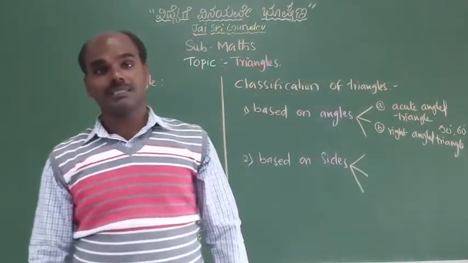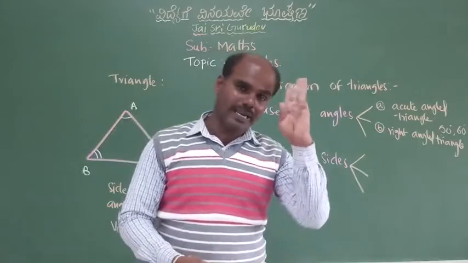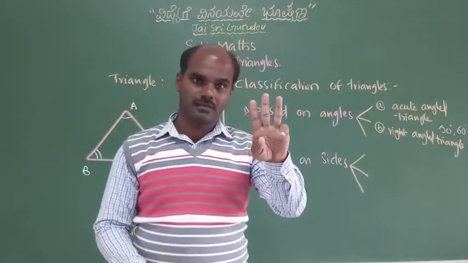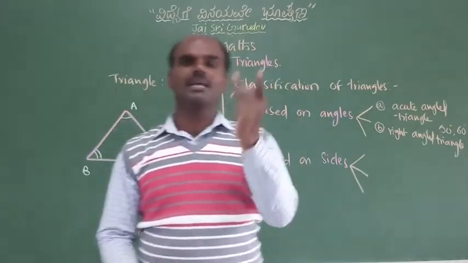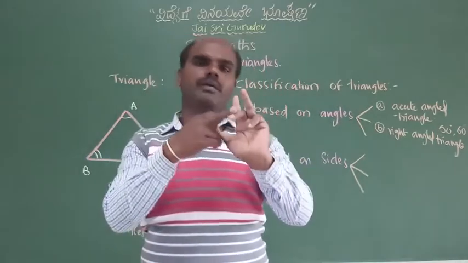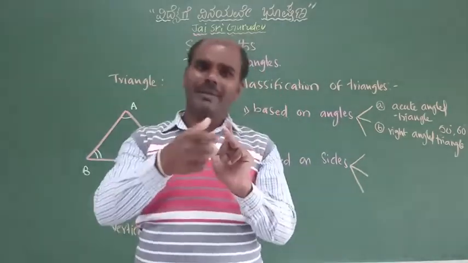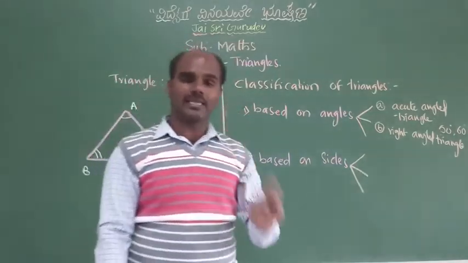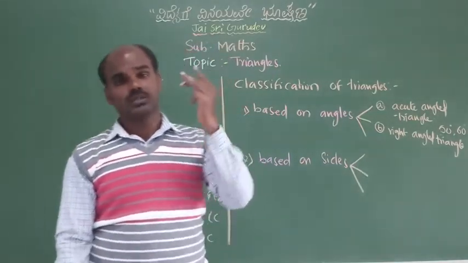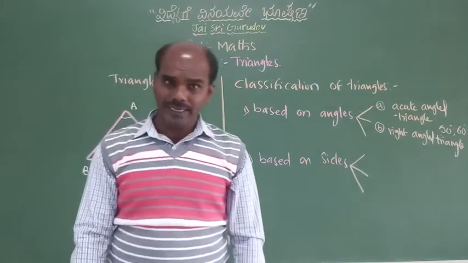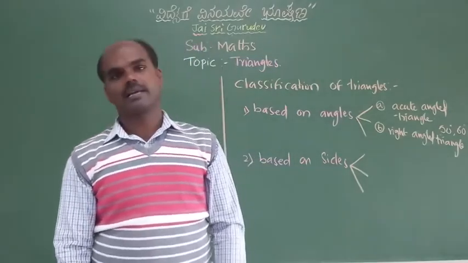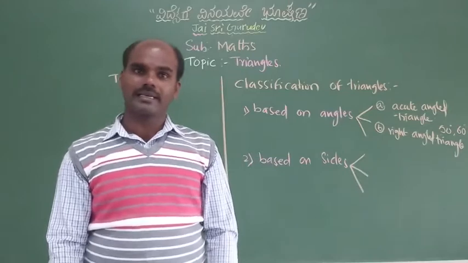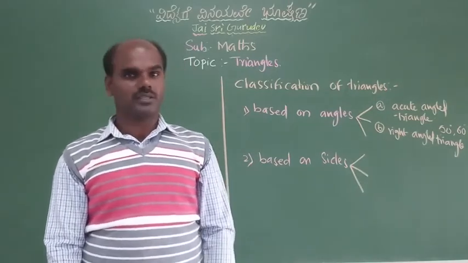So in a triangle we have three angles in total, and only one angle will be 90 degrees. The remaining two angles are acute angles only. Such a triangle can be called a right angle triangle. Yes or no, children?